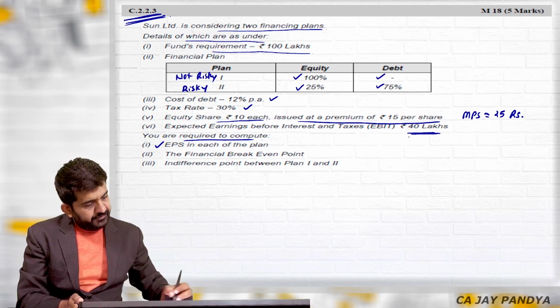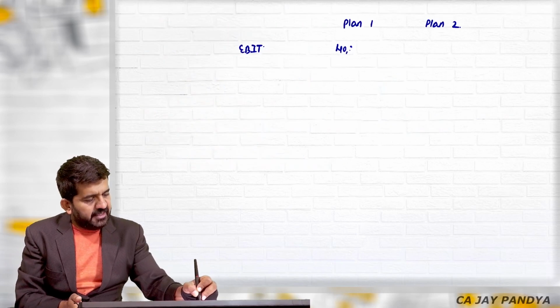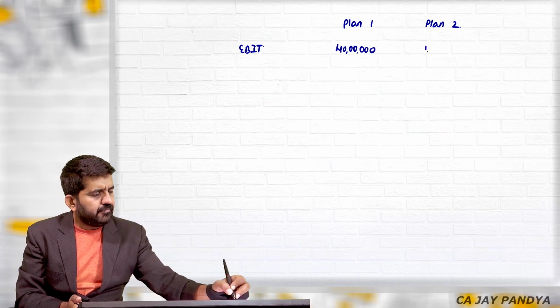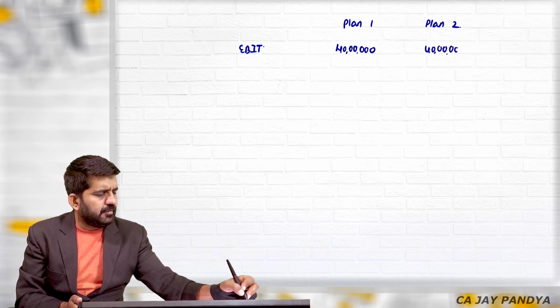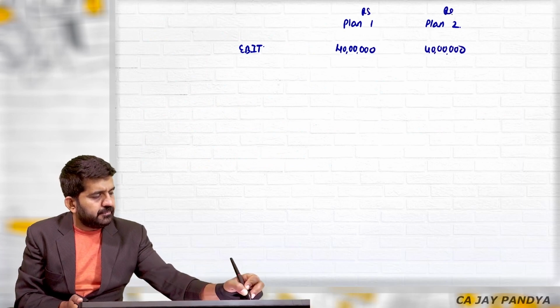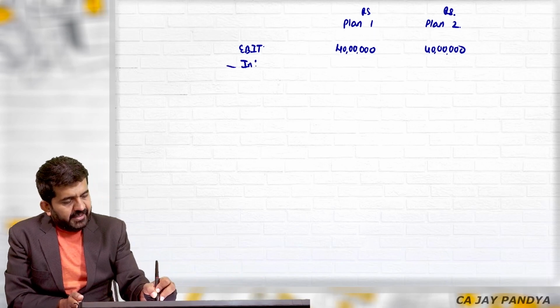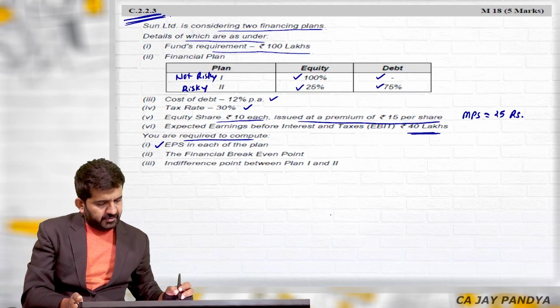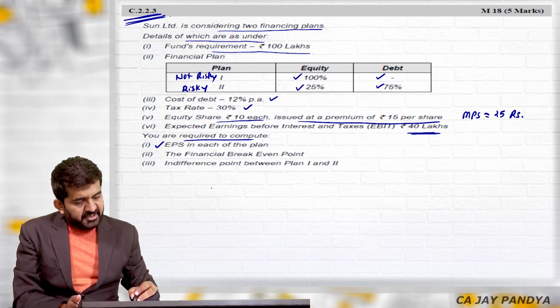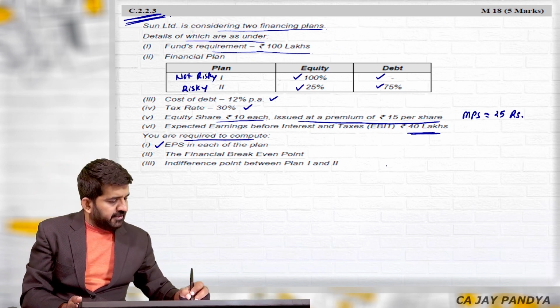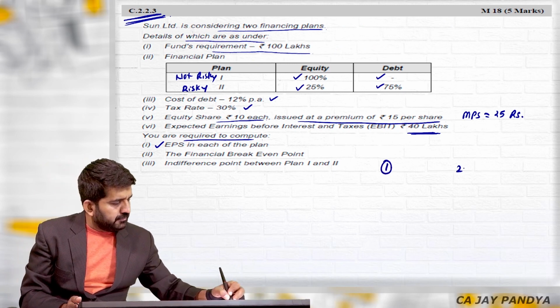EBIT, expected EBIT is 40 lakhs rupees, minus interest. What will be the interest in each case? That will be relevant. This is plan 1, this is plan 2.